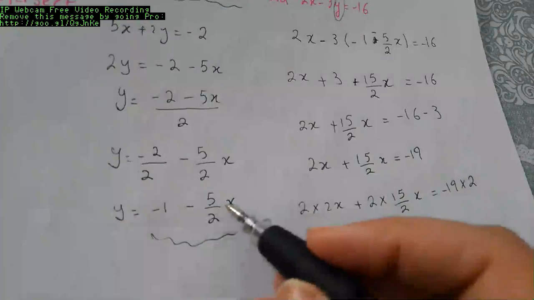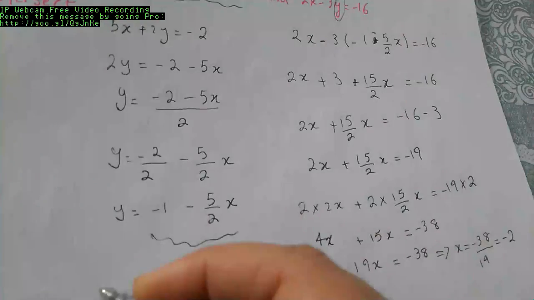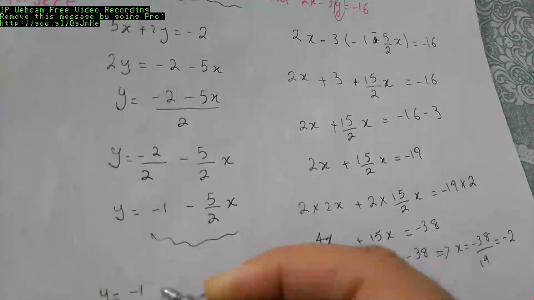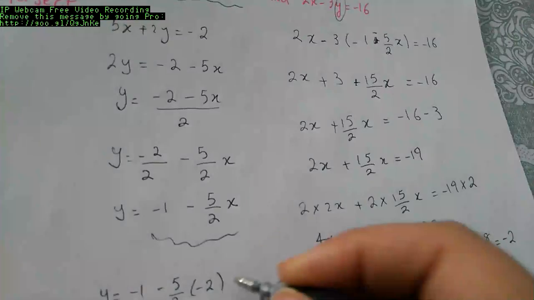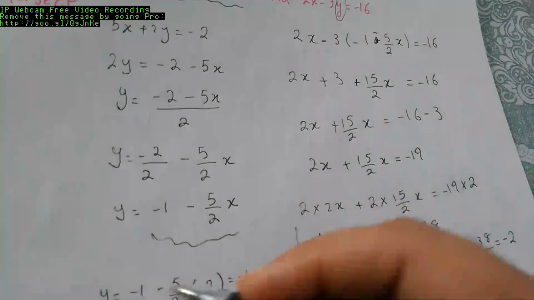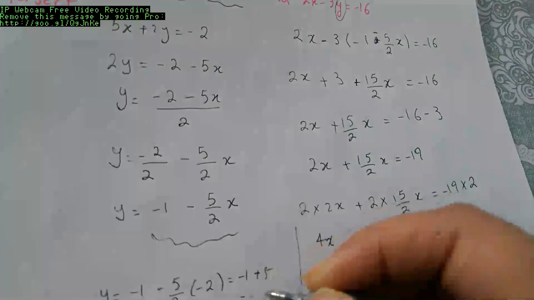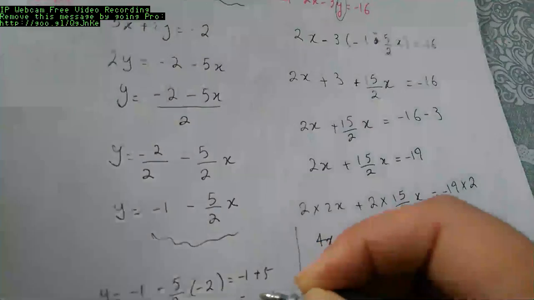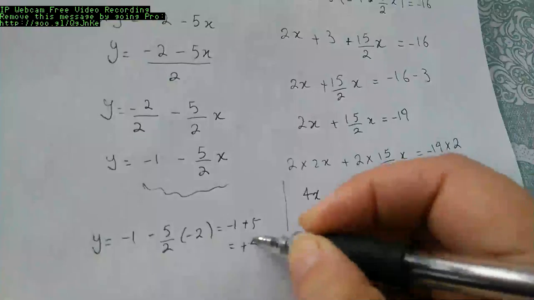Here, instead of the x, I substitute -2 to find y. -1 minus 5 over 2 multiplied by -2. So if you multiply, it's going to be plus 5, so it's going to be positive 4.